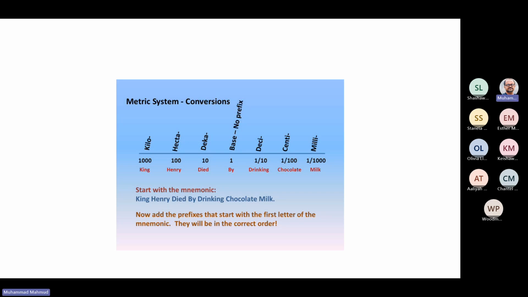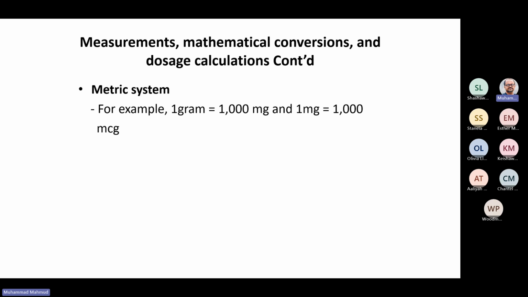There's a mnemonic called King Henry died by drinking chocolate milk. King for kilo, Henry for hecto, died for deca, by is base, drinking deci, centi, chocolate, and milli for milk. You can try to remember that, but at least for the pharmacology things, a few things you must know is this.